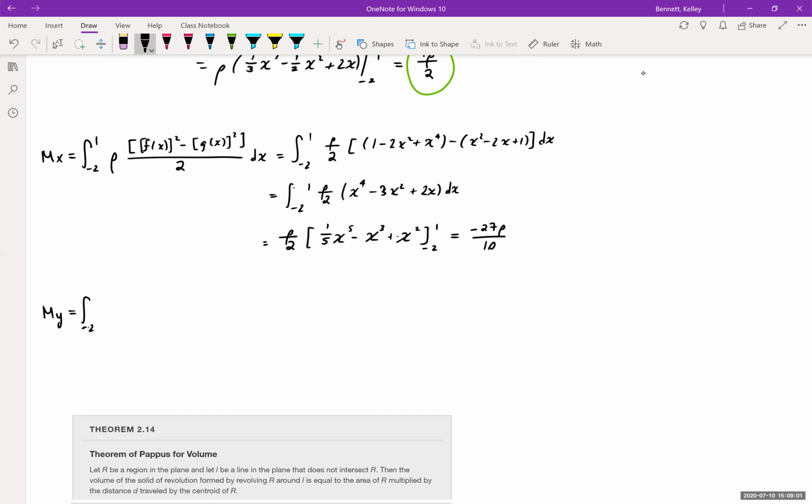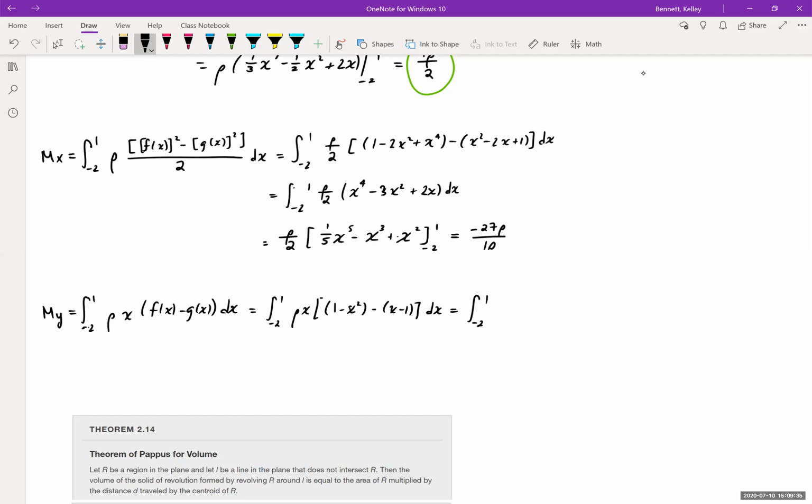The next step is to compute m sub y, which is going to be the integral from -2 to 1 of rho times x times f of x minus g of x with respect to x. So I get the integral from -2 to 1 of rho times x, with f of x being 1 minus x squared and g of x being x minus 1, which will give us a simplified integrand.